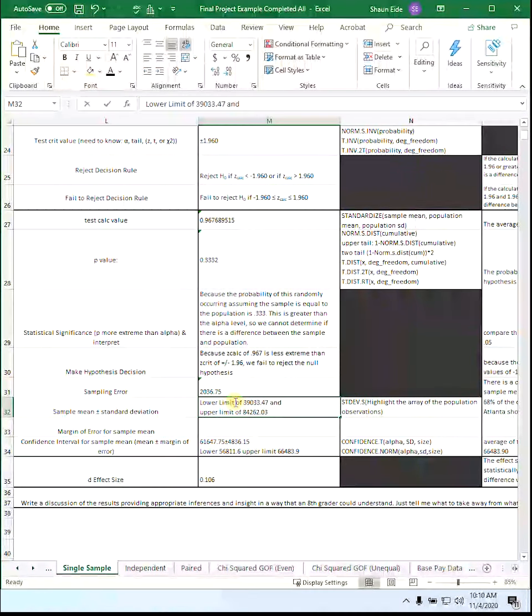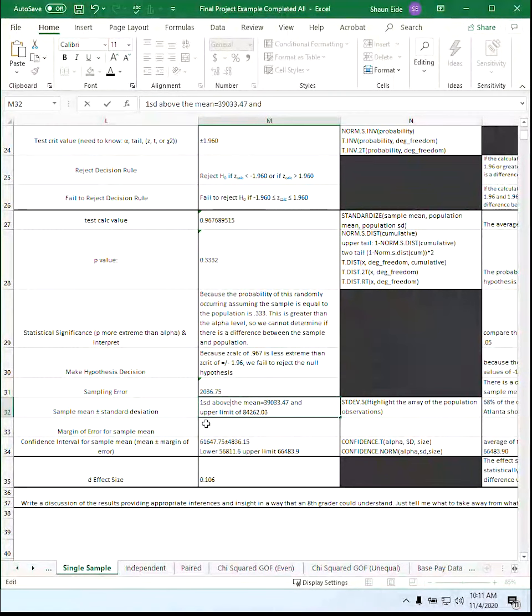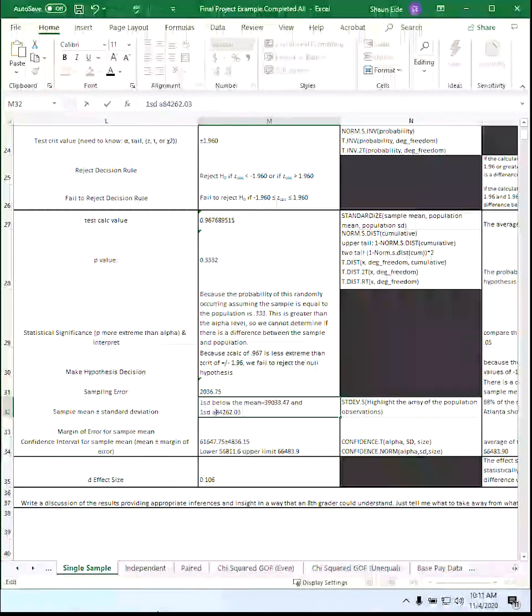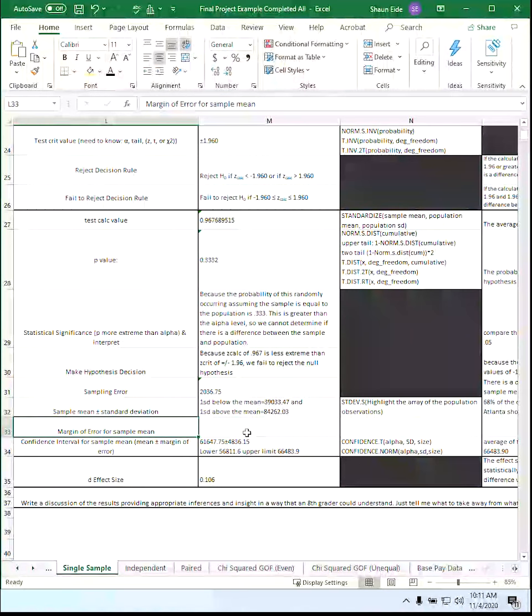So in other words, one standard deviation below the mean is this, and one standard deviation above the mean equals 84.262. Once again, this is my own creation.